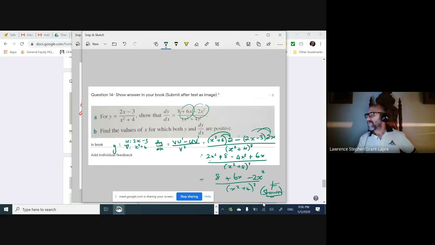Find the value of x for which both these derivatives are positive. So, all right, let's do algebra. Where is this positive? Where is this greater than 0? That's always positive because we have a square.